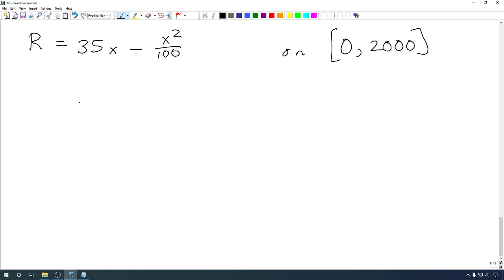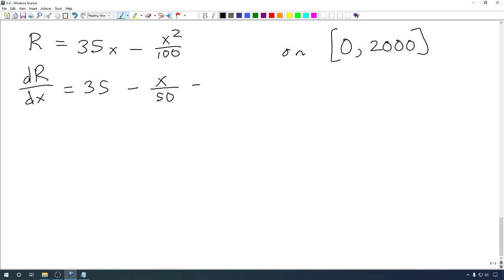So, similar to a lot of our problems so far, we differentiate r. It's just a polynomial, so it's not too hard to do that. We get 35 minus, well, the 2x. I'm going to cancel the 2 with part of the 100 and just have x over 50. Of course, this is a linear function, so it always exists.